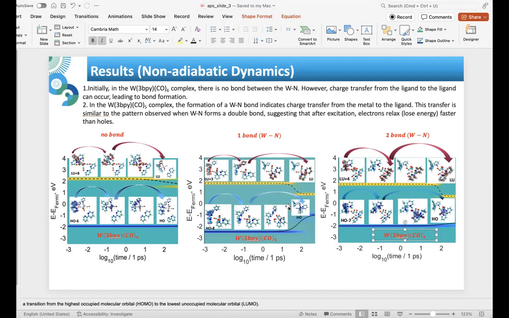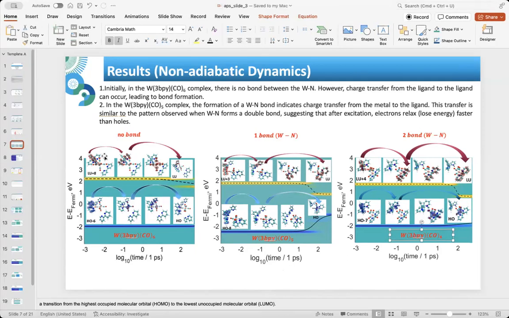This suggests that after excitation, electrons relax faster than holes, and that when electrons relax faster than holes, charge transfer happens from the metal to the ligand structure when there is a double bond or one bond between tungsten and nitrogen.